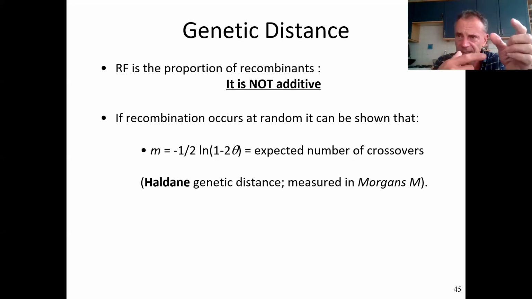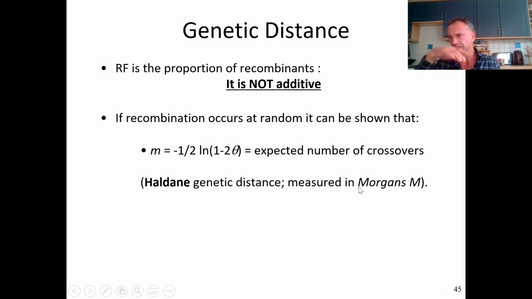They don't add up that way because there are different probabilities, such as a double crossover and so on. So there was a way to reconcile probabilities into distances, and there were things called mapping functions. We had the Haldane function, the Kosambi function, and then you'd have a genetic distance, measured in Morgans, which is a big thing, about almost the size of a chromosome.